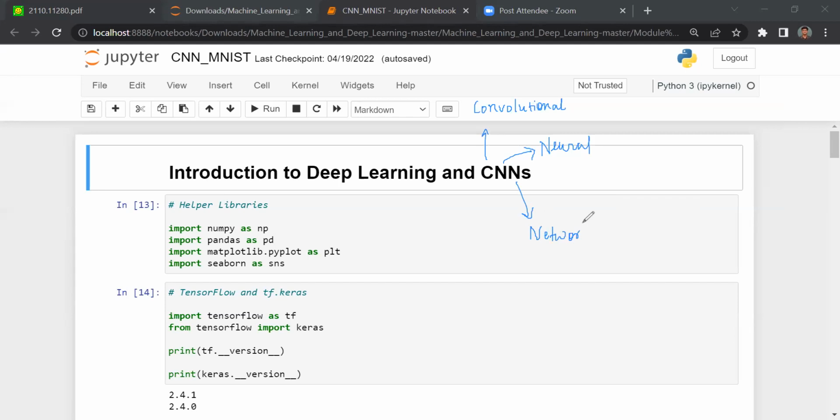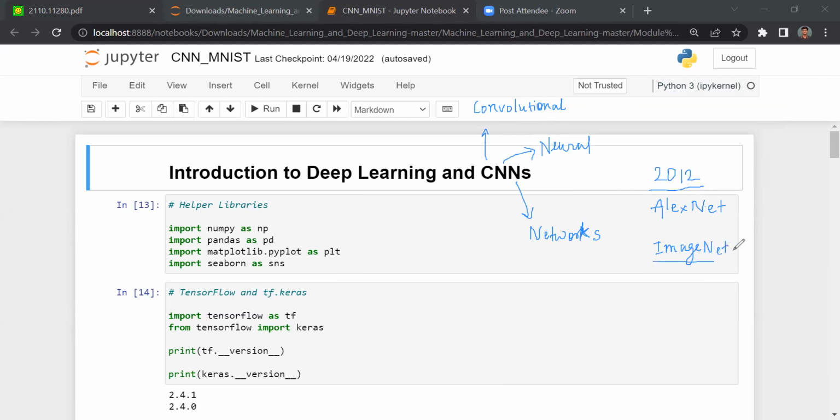The current hype in deep learning started in 2012, when a deep learning based model, specifically a model called AlexNet, which was a CNN based model, won a famous championship called the ImageNet Championship.